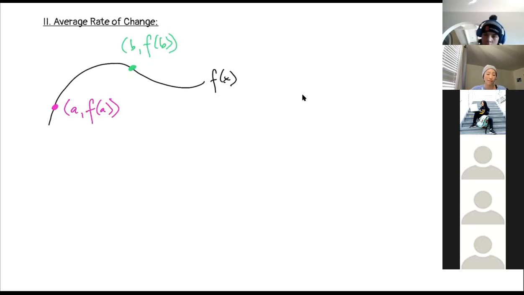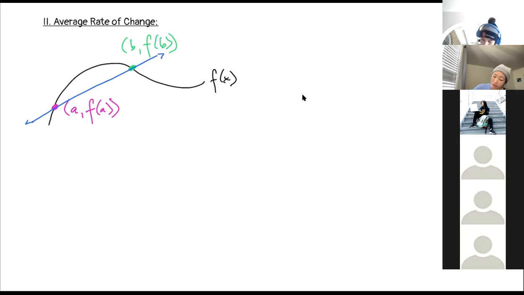So we've got A, f of A, B, f of B. And now if we say, let's find the slope of the line that goes through both these points, we could diagram that like this. All right, so we've got this line that passes through both points here.